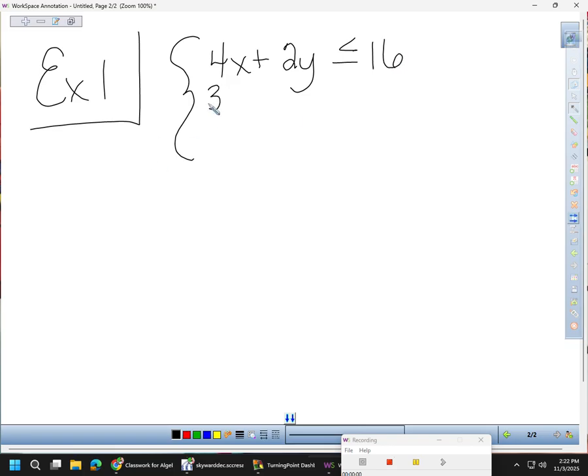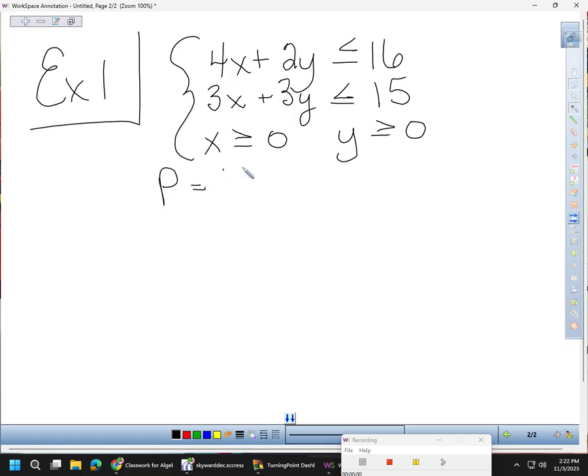We'll do 3x plus 3y is less than or equal to 15. We're going to do x is greater than or equal to 0. Y is greater than or equal to 0. And our profit equation is P equals 3x plus 2y. And I want to look for a maximum. Okay, so this is what your problem is going to look like.